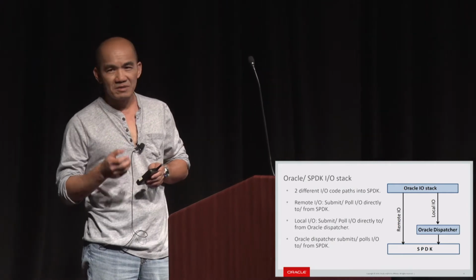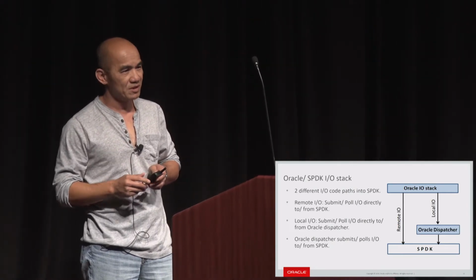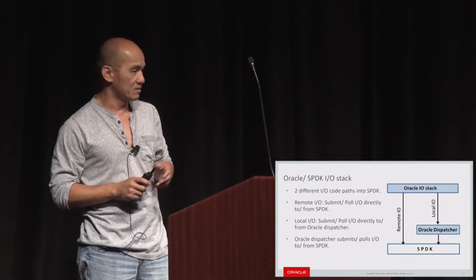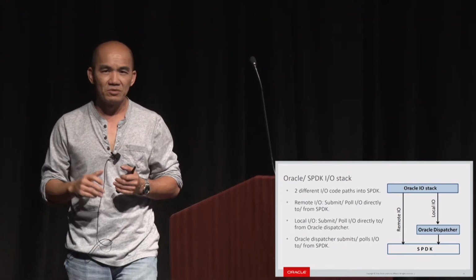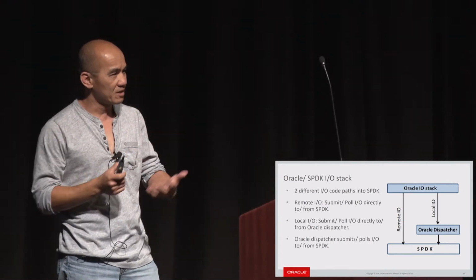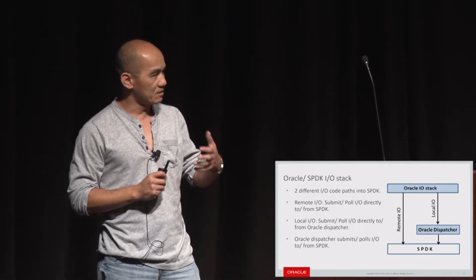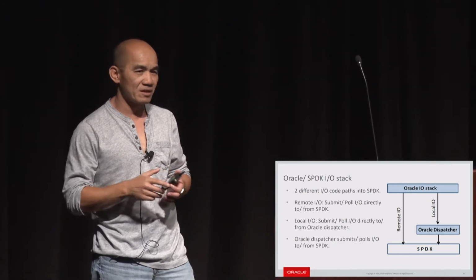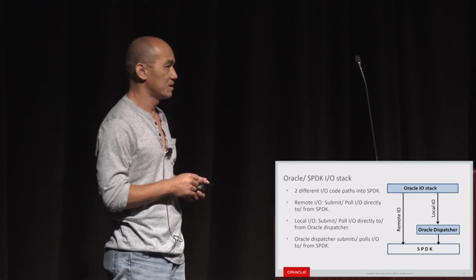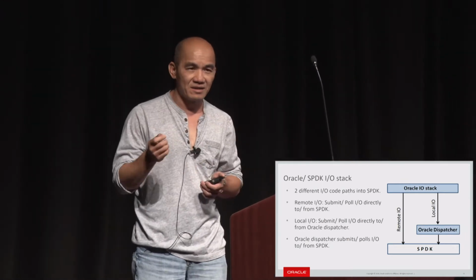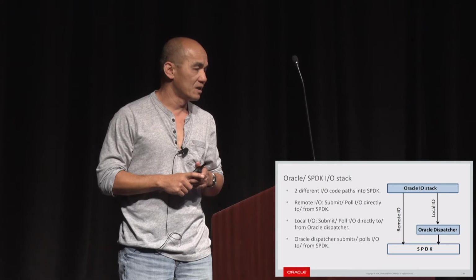For SPDK to be a viable solution for Oracle, it needs to scale up. Originally we had a simple model. For every process, it has to first discover the controller, and then it has to allocate the IOQ.